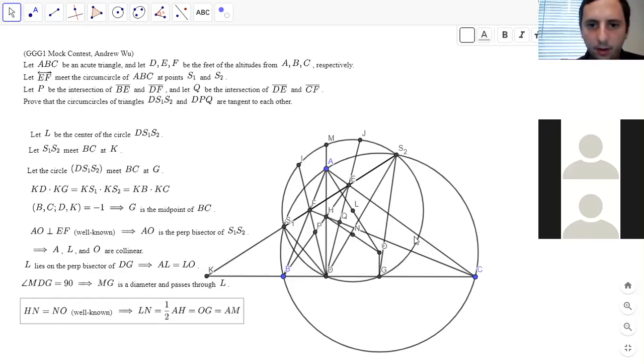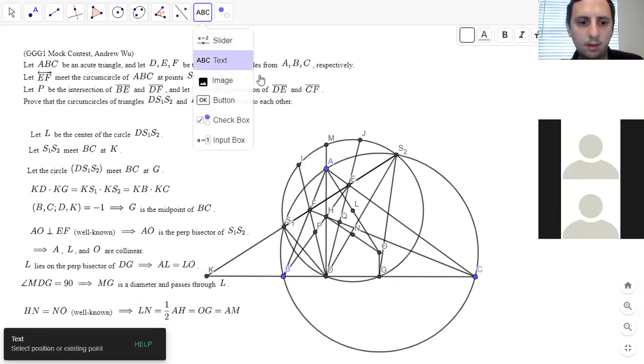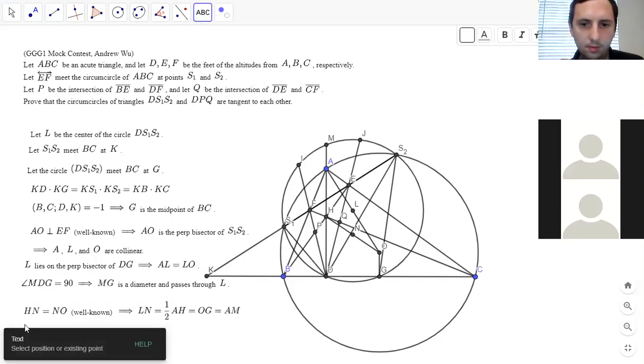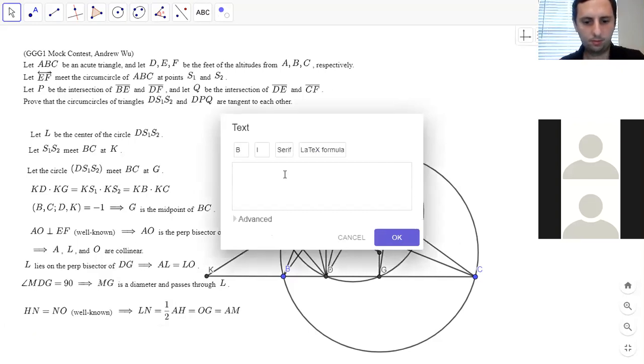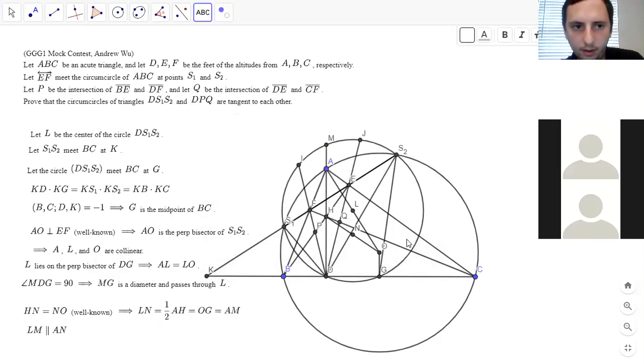So that means that LM is parallel to AN. But Feng was saying it's well known that AN is perpendicular to PQ. So I'll just write that out for now.